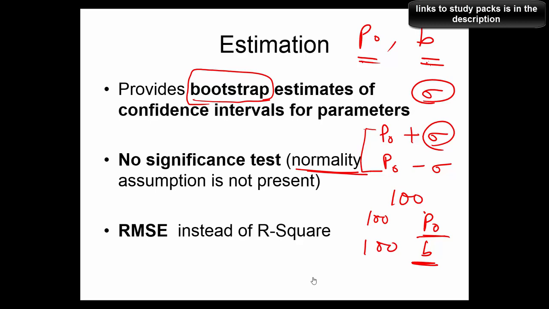That requirement is only there in linear regressions, and hence you need not get a significance level of p naught and b. If you try to explain the significance level, that won't make sense, because the assumption of normality is very strict when it comes to explaining the significance level. So the t-test is something that cannot be done in this case.